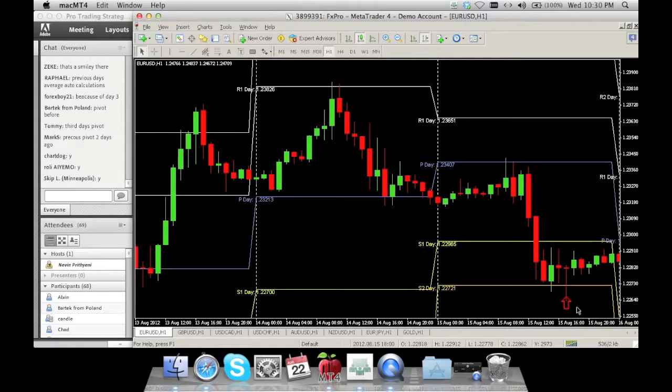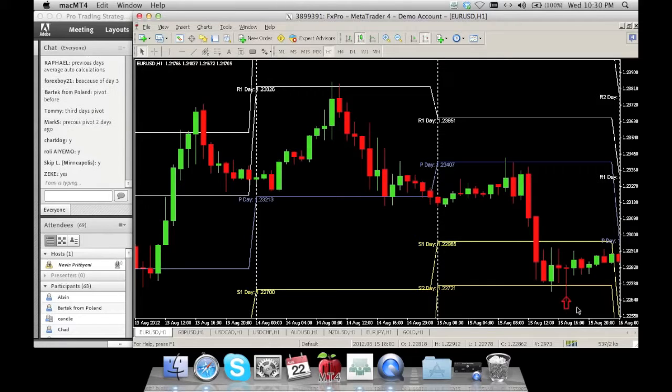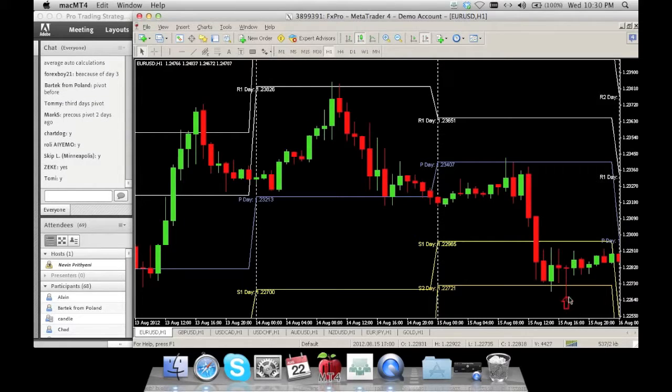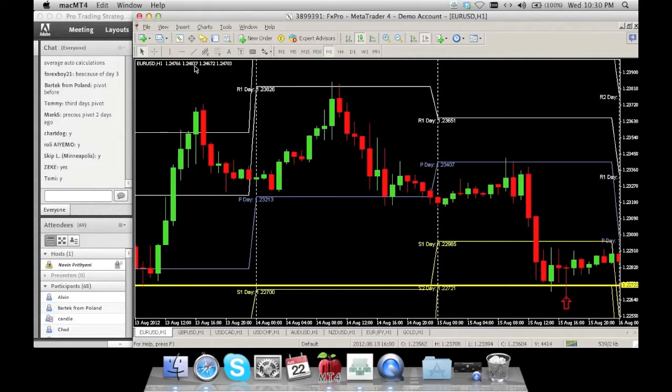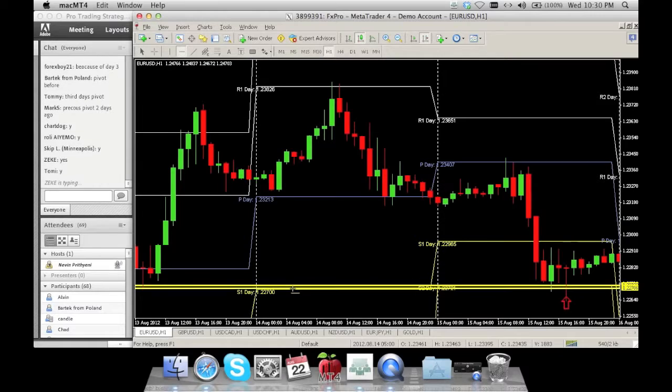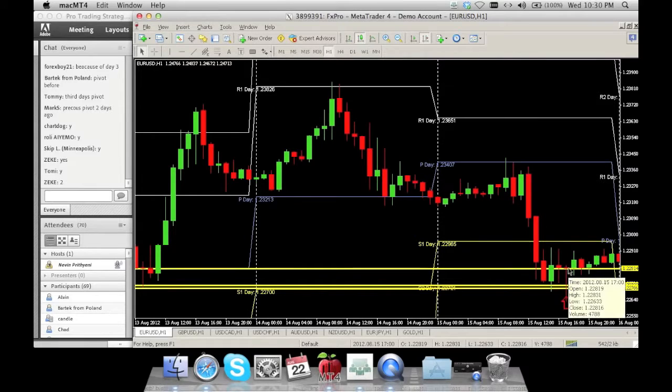So how do you use these 3 days pivots to your favor? The exhaustion candle forms, the next candle opens up. First of all, it's bouncing off of how many supports? It's bouncing off of today's S2, it's bouncing off of yesterday's S1, it's bouncing also off of 3 days ago over here. You can see the body is closed right above it.